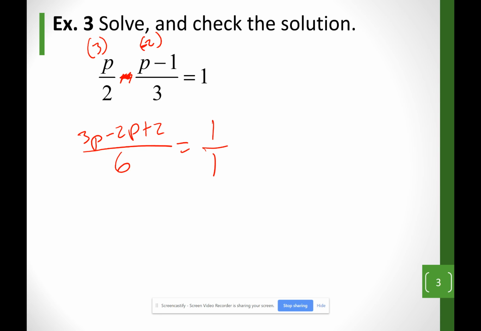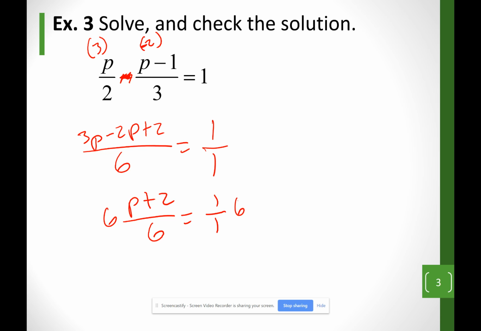Okay, so I have this. Let me get rid of fractions. Well, actually, simplify the left still. 3p minus 2p, I'm going to call this p plus 2 over 6 is equal to 1 over 1. Okay, get rid of fractions.